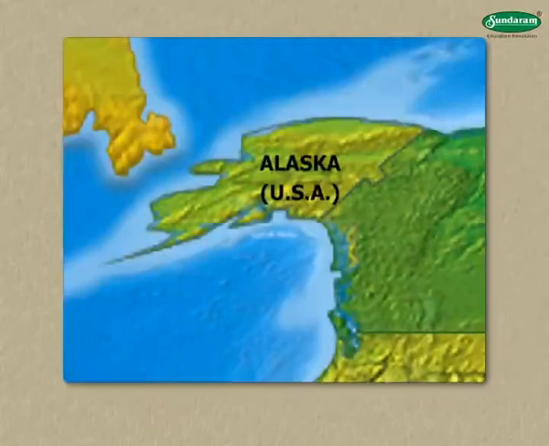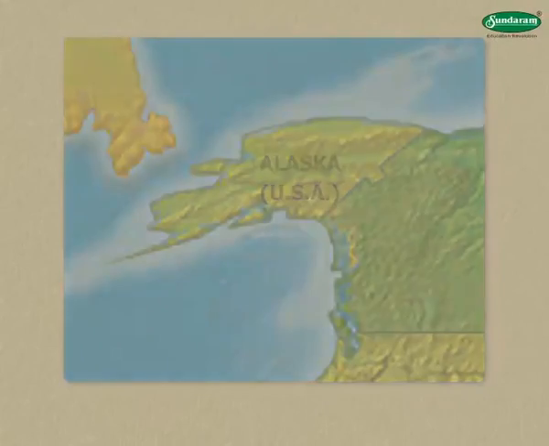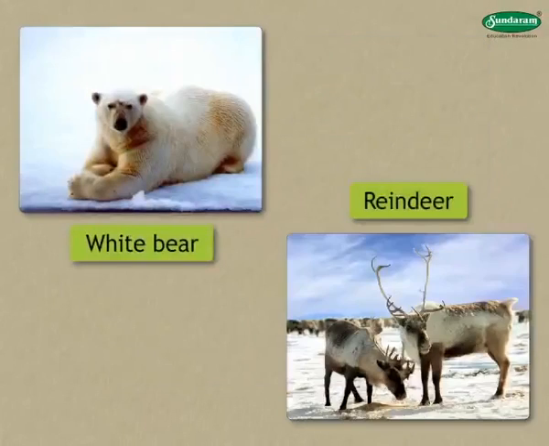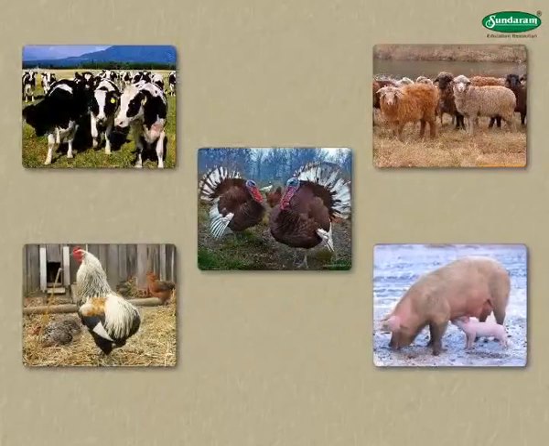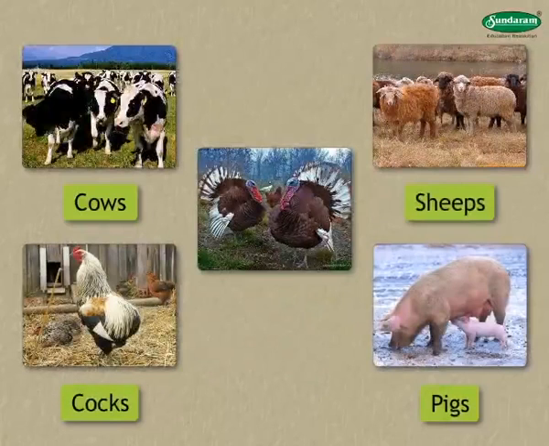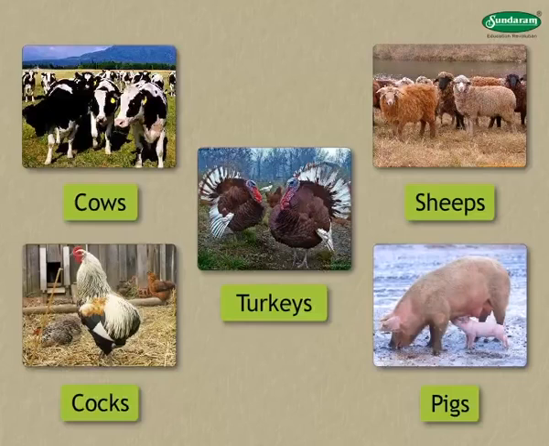In Alaska, located in the north and having a cold climate, one finds animals like white bear and reindeer, which have thick fur. Besides these, we find that cows, sheep, pigs, cocks, and turkeys are reared for commercial purposes in this country.